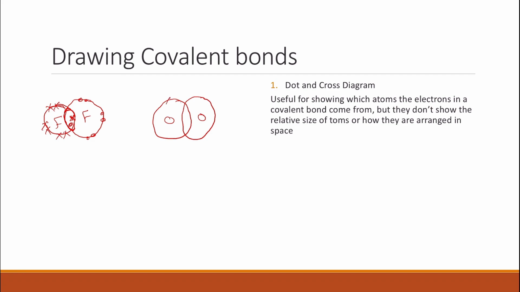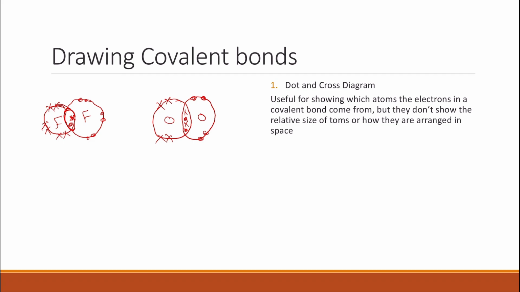For the first one, I'm going to draw 1, 2, 3, 4, and then 5 and 6. The second oxygen, 1, 2, 3, 4, and then the shared pair as dots. So now, as you can see, there are 4 shared electrons, 2 from each atom of oxygen. So there are 2 bonds between the 2 oxygens because there are 2 pairs of electrons.